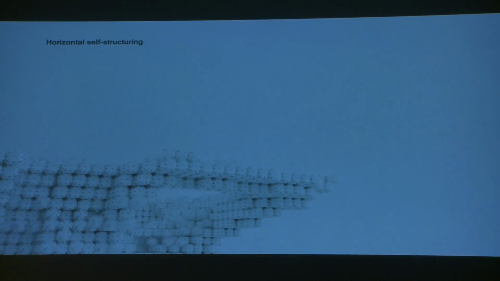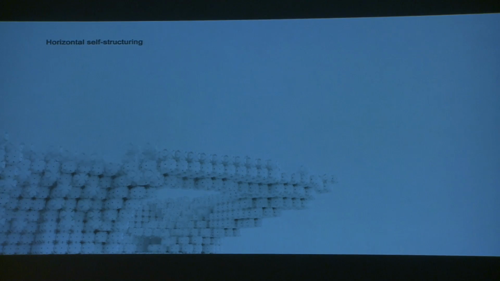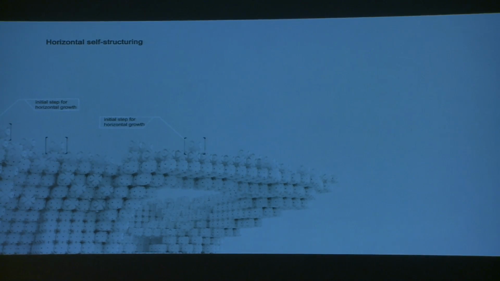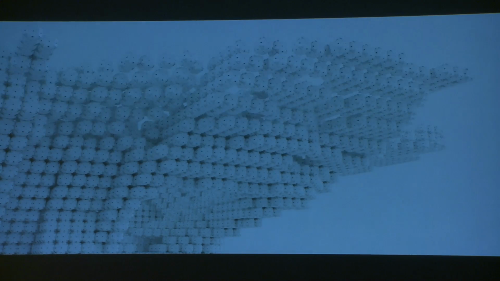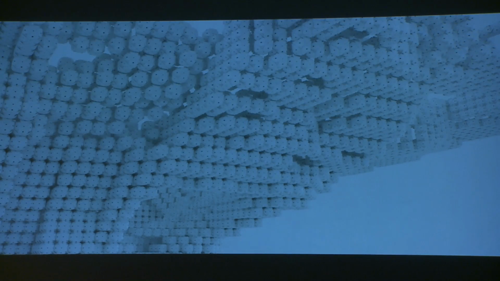We were also interested in not only how they grow vertically, but how they can possibly create a covered space. So these are the initial steps for the horizontal growth.